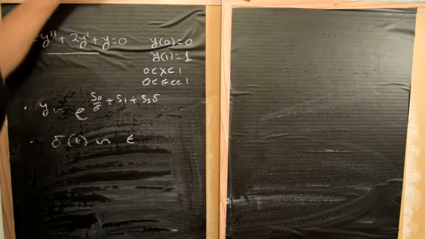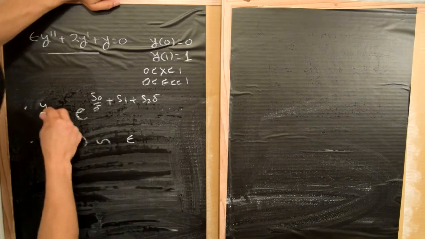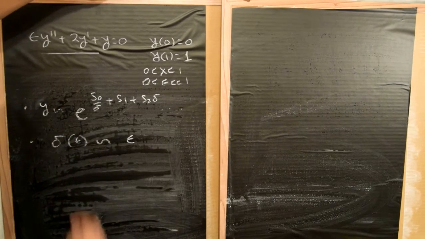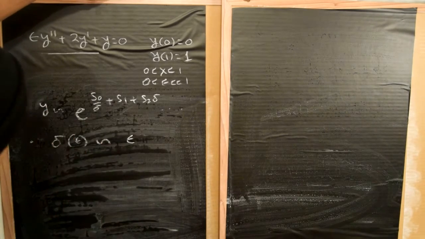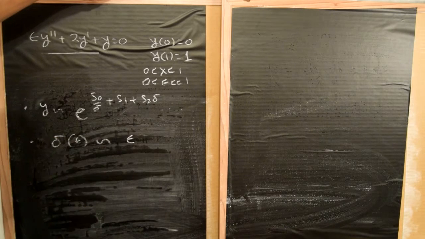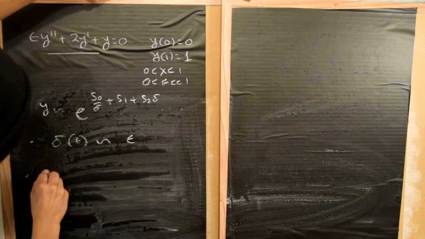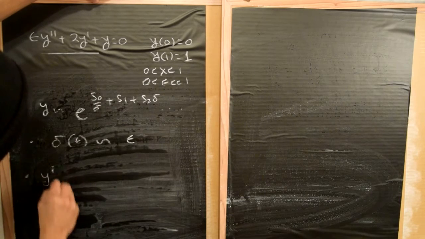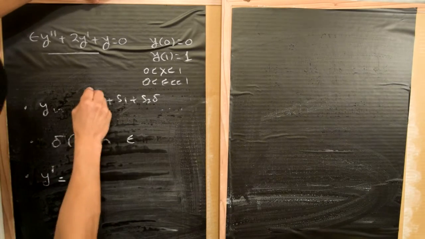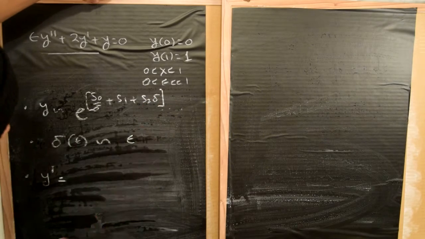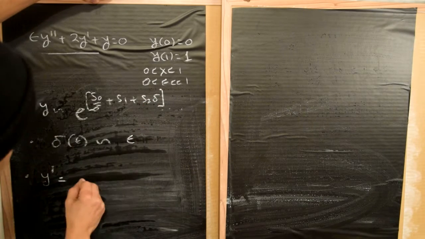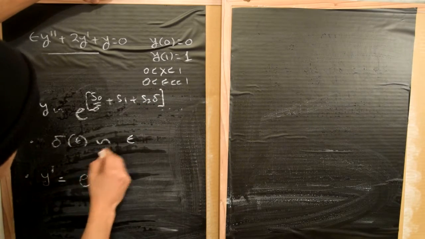So again, what we have to do is substitute this y into this equation. So we need to figure out what the derivatives are, right? We need first of all y prime, the first derivative, and again this is an exponential to the power of some function, so its derivative with respect to x would be the same exponential.